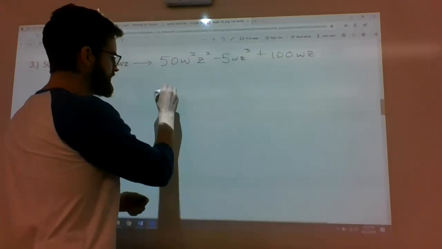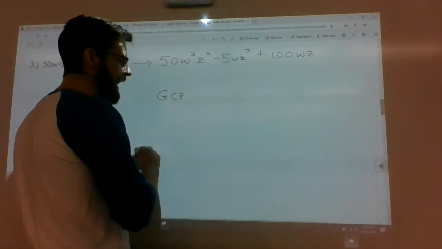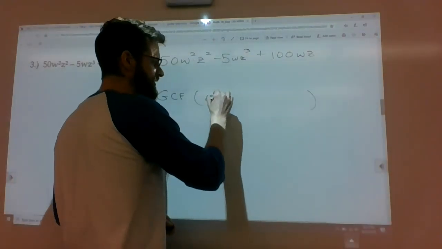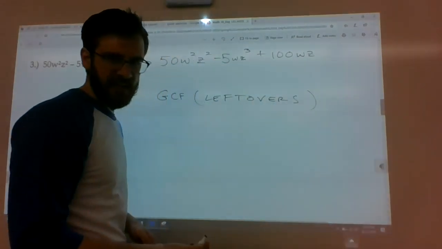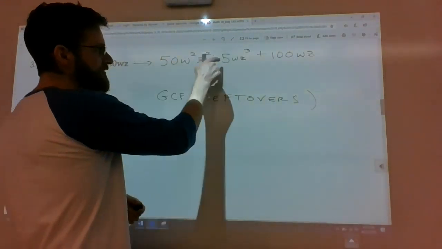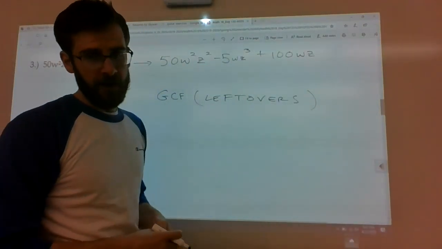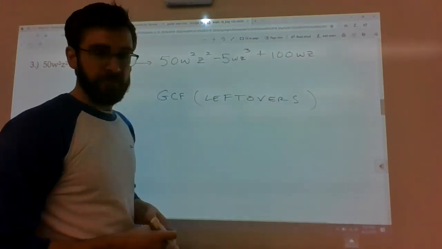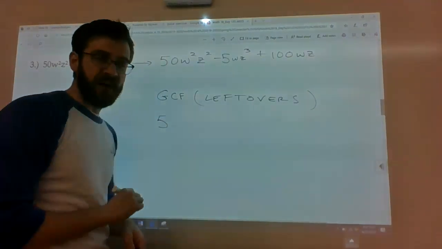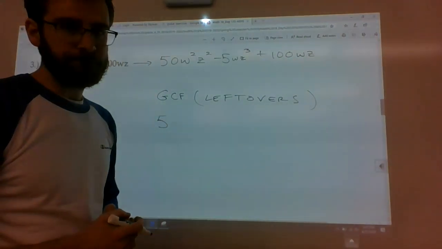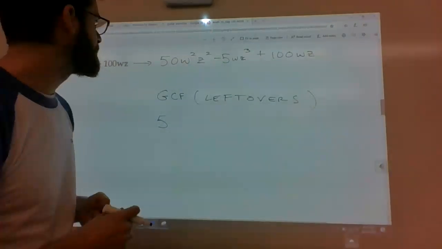If factoring is the greatest common factors on the outside and the leftovers are on the inside, you can start immediately finding the GCF by just asking yourself, what is 50, 5, and 100? All of them divide. Well, they all end in a 0 or a 5, which means they all divide a 5. Okay? So, awesome.